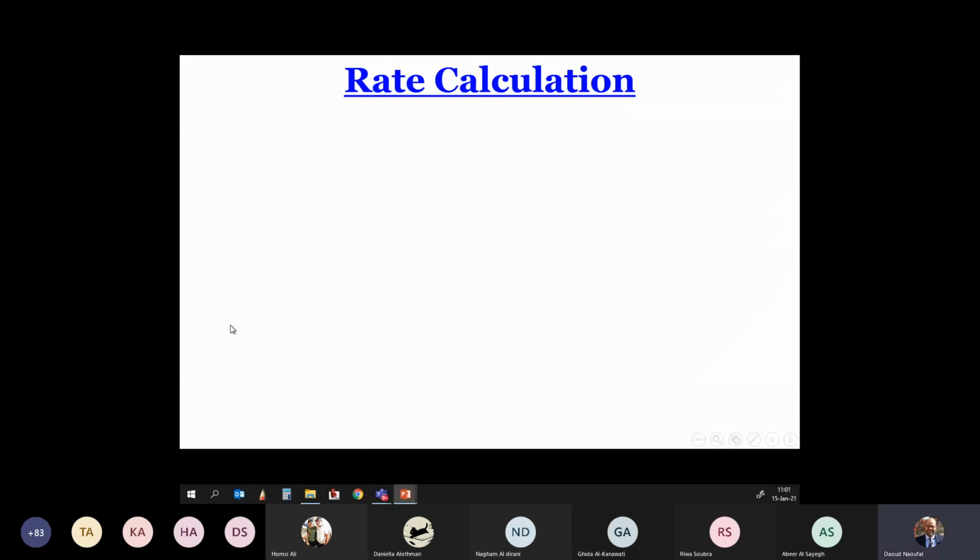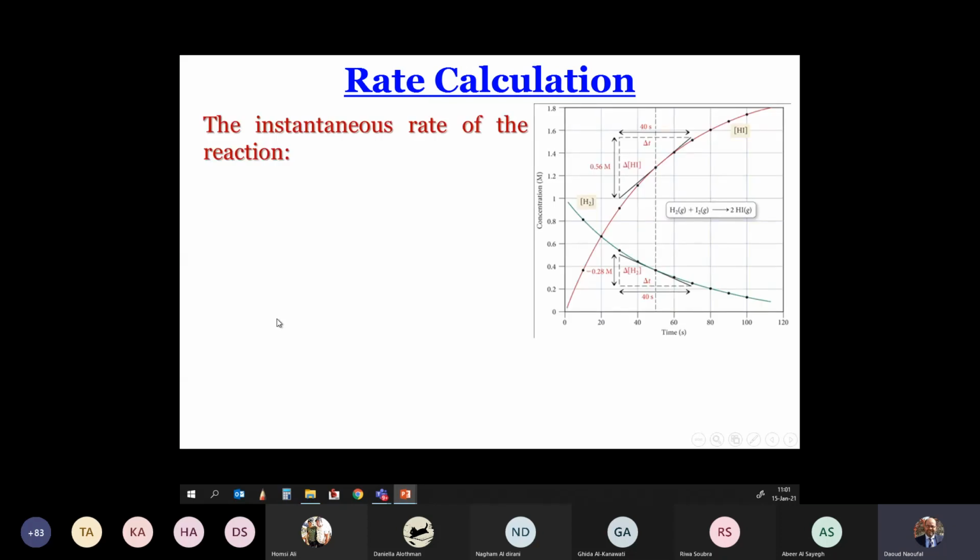Rate calculation. I have given till now only the definitions, the notations. I will explain later what is the objective of the chemical kinetics chapter. So how to find the rate of disappearance, or the rate of formation, or the rate of the reaction?